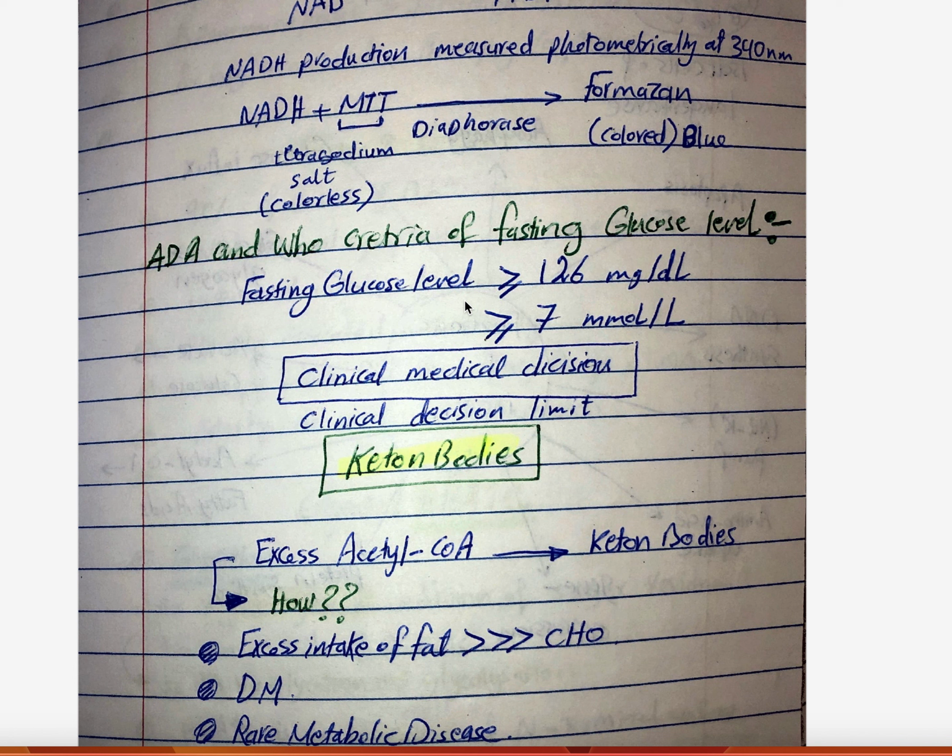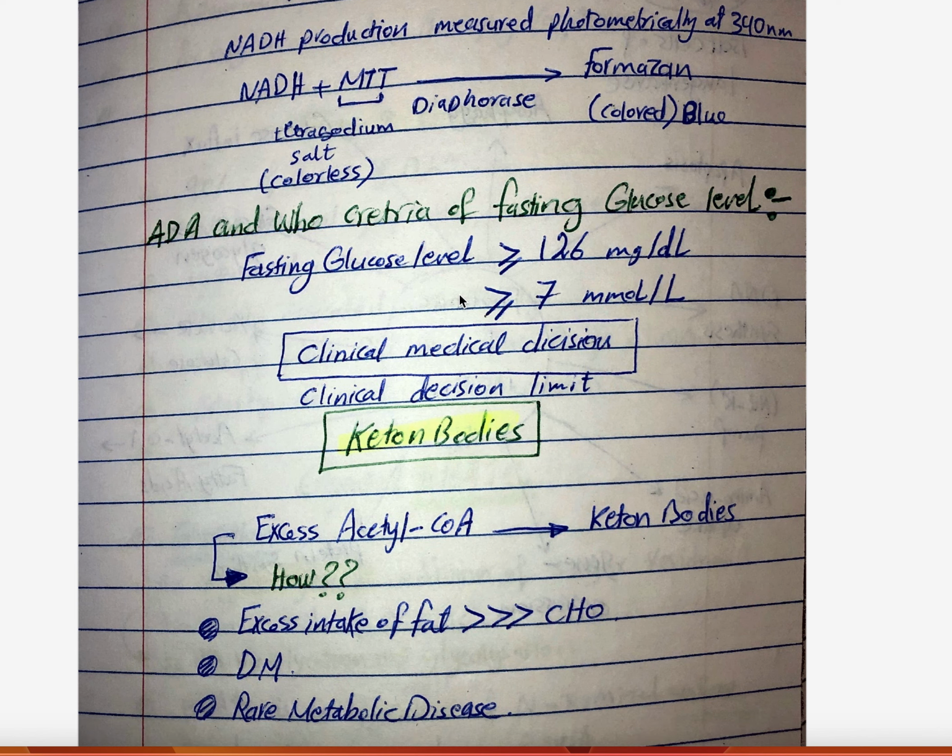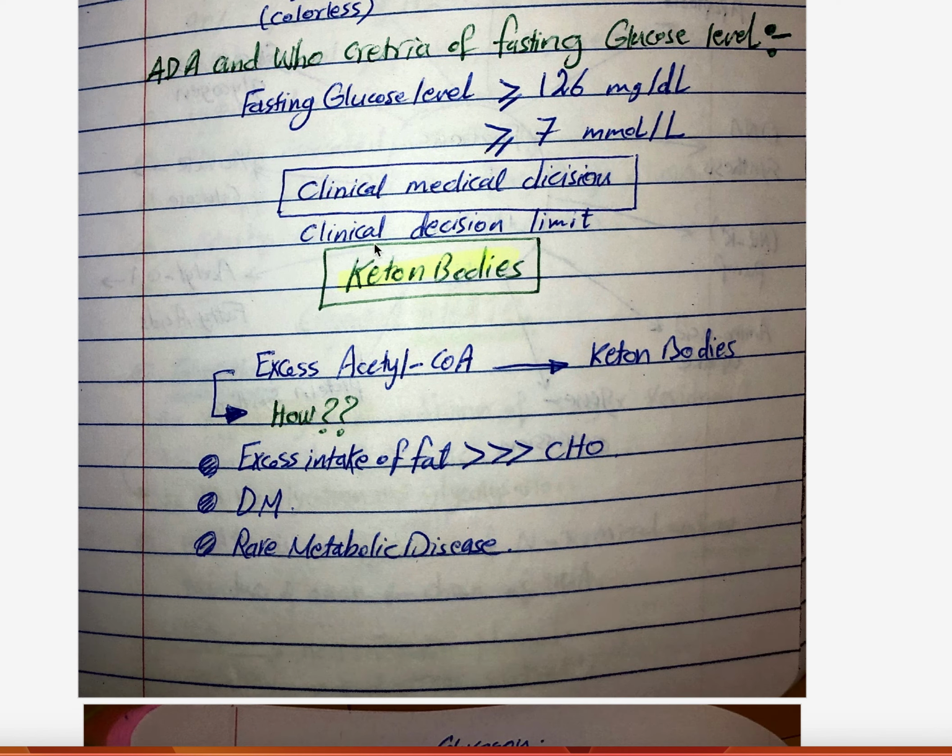And if it's more than or equal to 126 milligrams per deciliter, or more than or equal to 7 millimoles per liter, then that is diabetes.